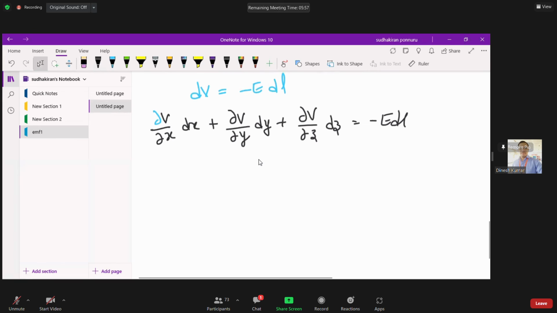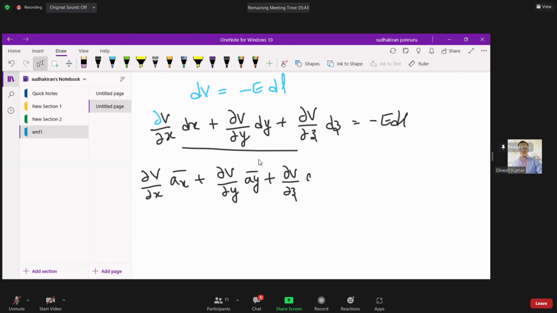Again, I am rewriting this entire term as a product of two terms: (∂V/∂x ax bar plus ∂V/∂y ay bar plus ∂V/∂z az bar) multiplied by (dx ax bar plus dy ay bar plus dz az bar).